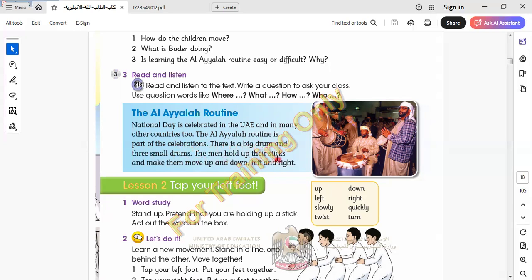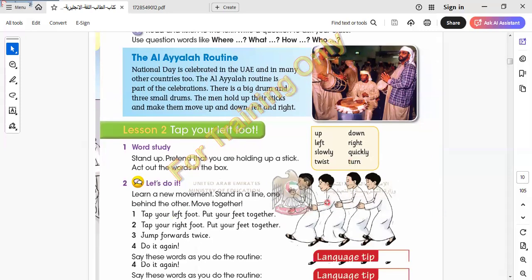The men hold up their sticks and make them move up and down, left and right, like we see in the picture. So in this celebration day, we have famous things that we do. We hit the drums, big and small. We move the sticks like we see here in the picture.